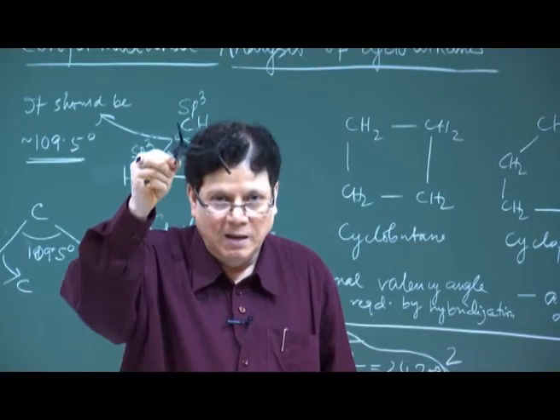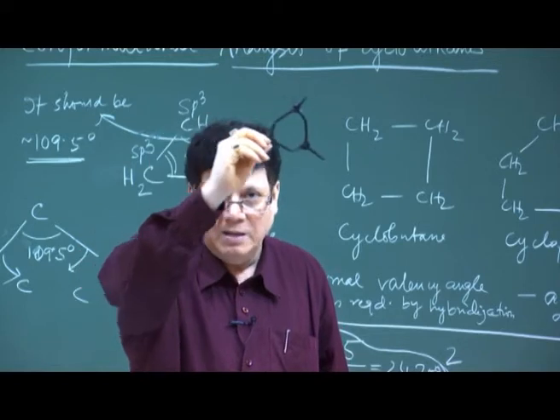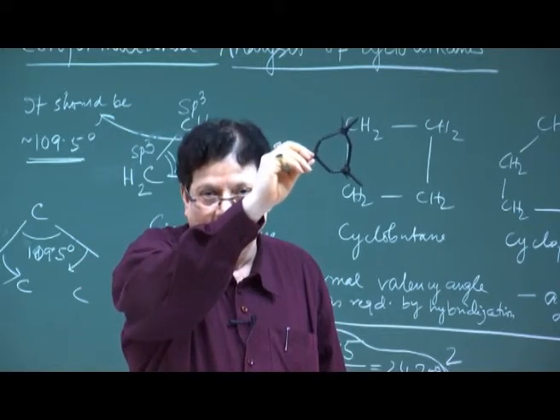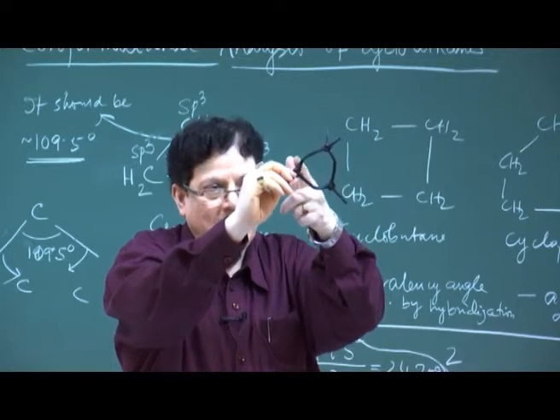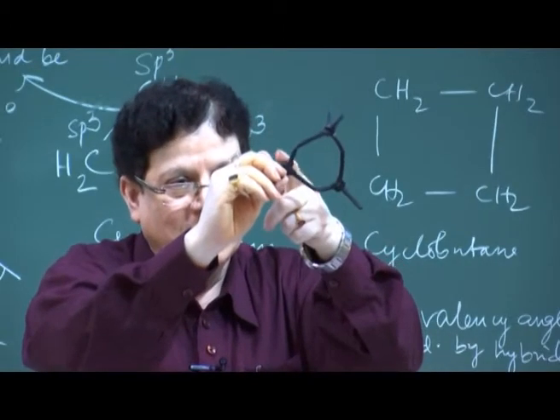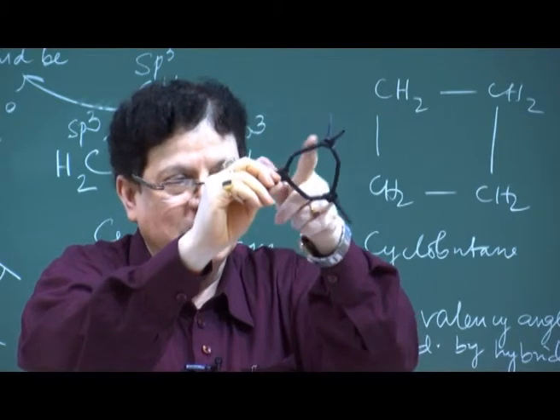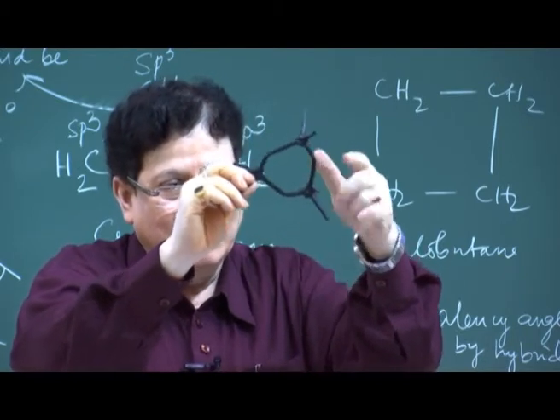So, you see the strain that is now involved in the molecule. The molecules are no longer linear. So, it has to be bent. We have to force these bonds to connect with each other and then make the cyclopropane.